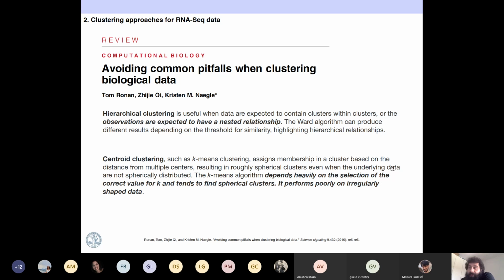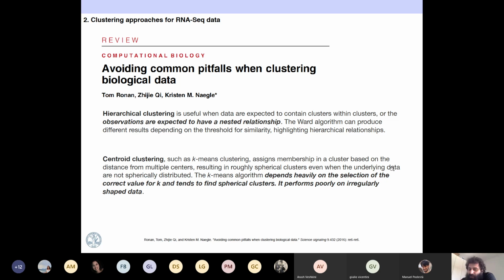Centroid clustering, like k-means, assigns the cluster based on the distance to multiple centers, as I mentioned before. The important thing here is that it depends heavily on the selection of the correct k-value. If you don't choose the right k-value, the interpretation is going to be very different.